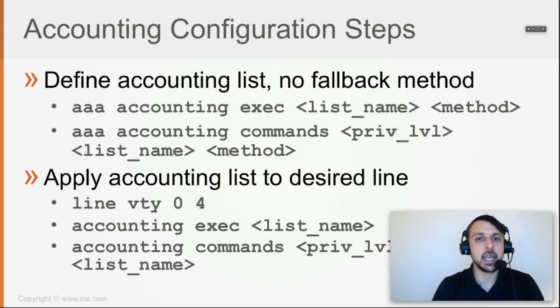For me, it makes sense that if I want to define an accounting method for exec, the command is aaa accounting exec, or aaa accounting commands, or aaa authentication login, or aaa authentication enable. So just by thinking about what you're trying to do, even if you don't know the command, of course you still have to have seen the command at least once, but then you don't have to remember it.